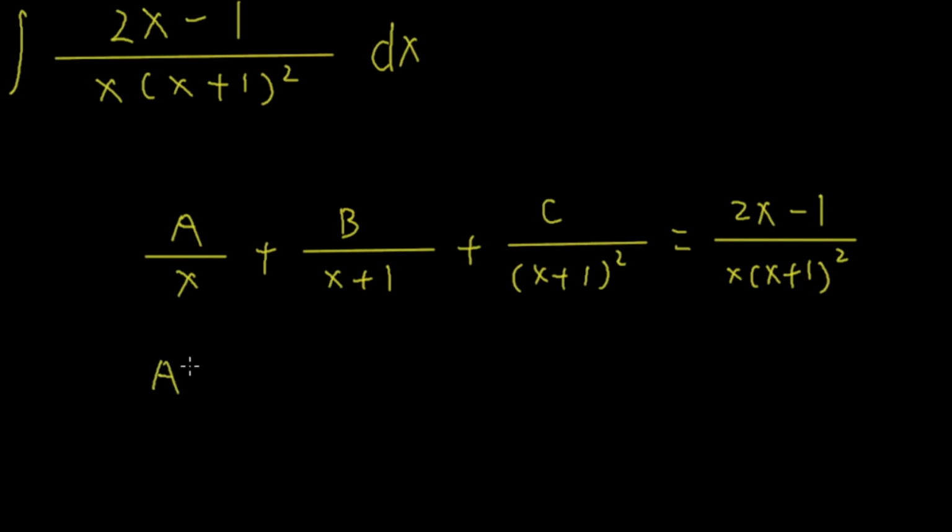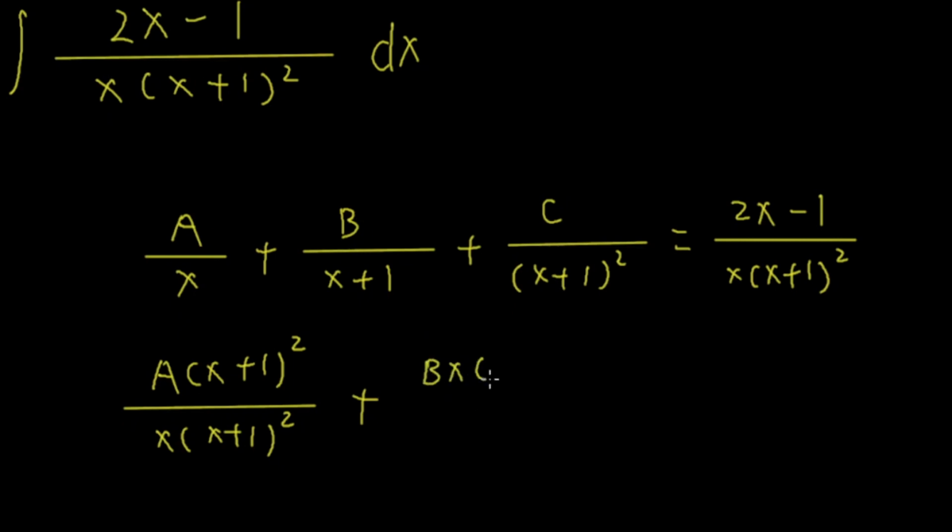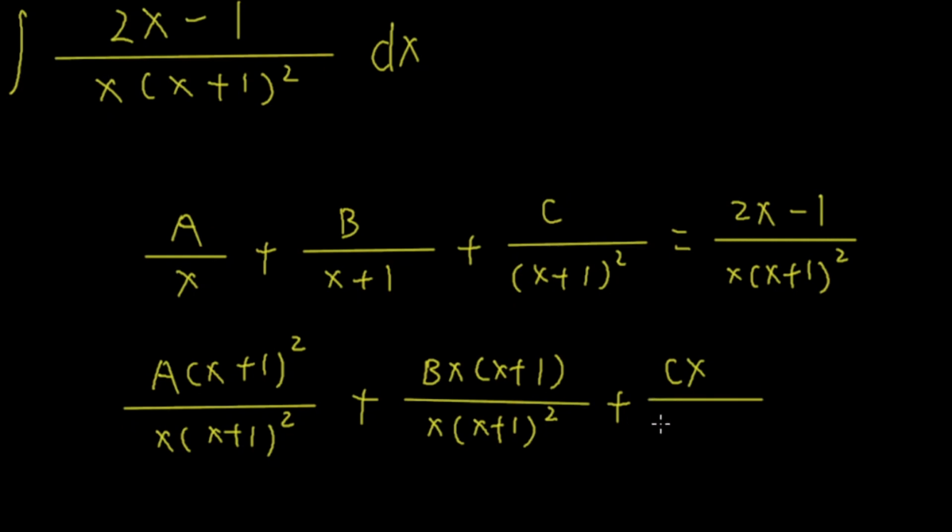So that would be A times x plus 1 squared all over x times x plus 1 all squared, plus B times x plus 1. Now, dividing by this times x plus 1 will be x plus 1 squared. Plus here, this will be C times x divided by x times x plus 1 squared.